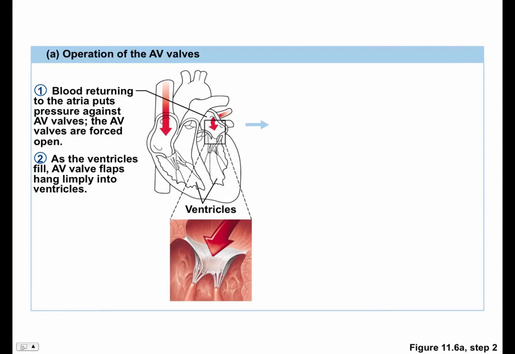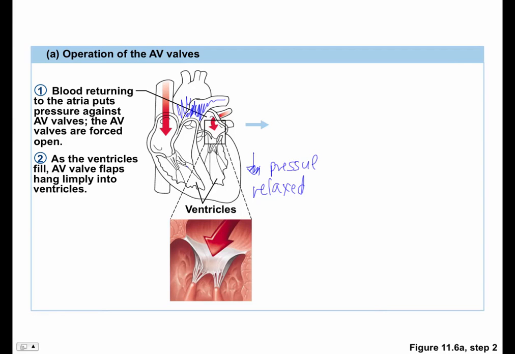Because we're going to start off with the atrioventricular valve and how this all fills, we're going to imagine that our ventricles had just contracted. We just pushed all the blood, and all the blood is now sitting here within our pulmonary trunk as well as our aorta. So because we don't have a lot of blood in our ventricles, the pressure in our ventricles is going to be low, and also because of that, our ventricles are going to be relaxed.